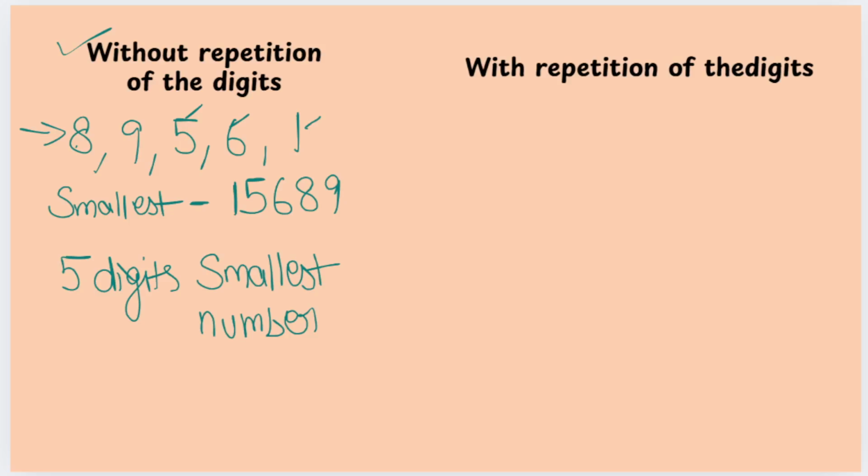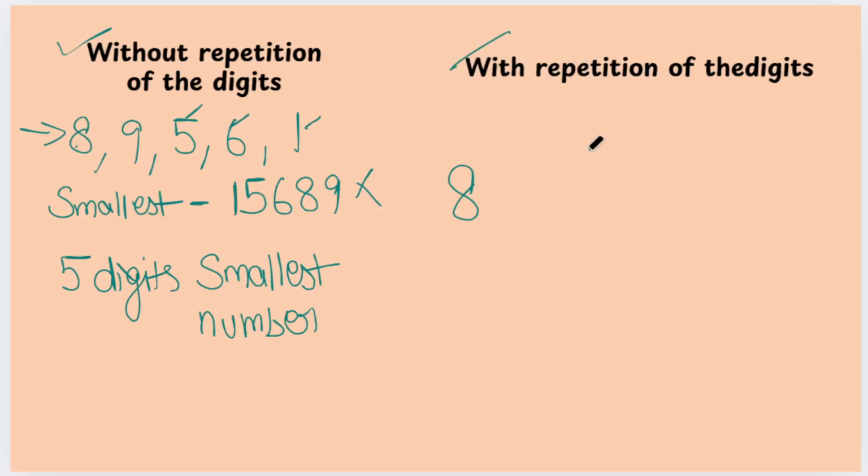Fine. So this is how you do the number with 5 digits. So what is about without repetition of digit? We are not repeating any number, right? If 8 is the number, does it repeat 2 times? No, there is no repetition, right?